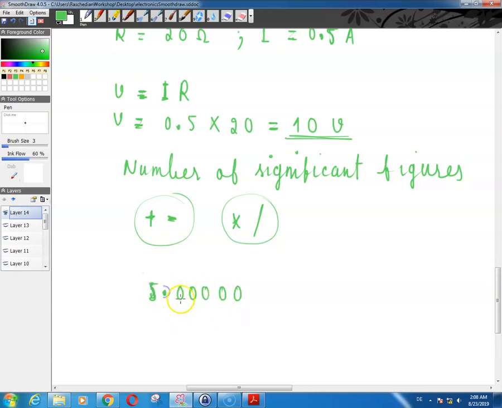Suppose you build a circuit that generates or regulates a voltage of 5 volts exact to 5 decimal places, meaning that if you measure that voltage, it would be 5.00000 volts exactly, without any tolerance.